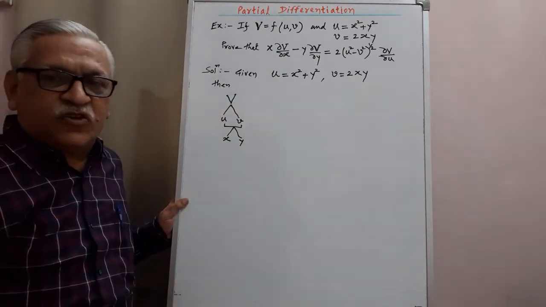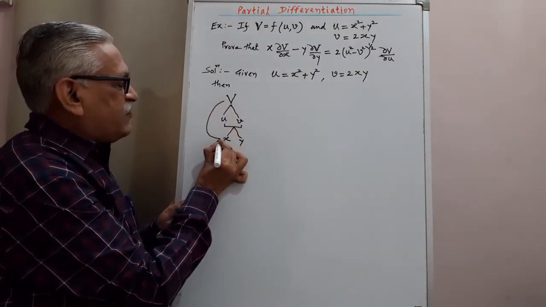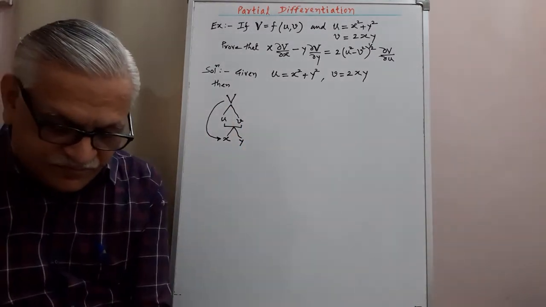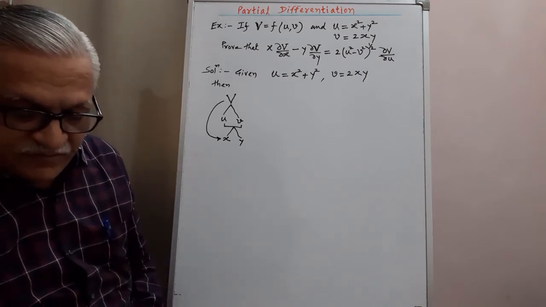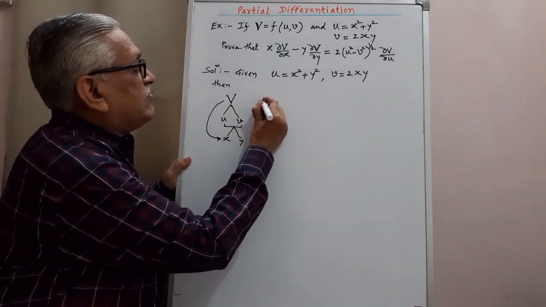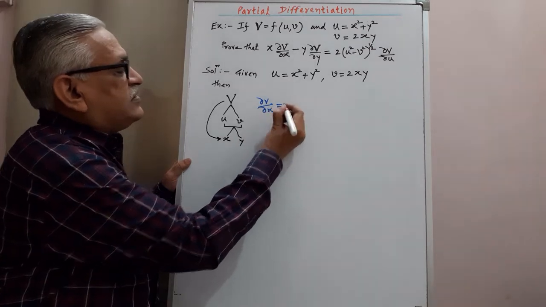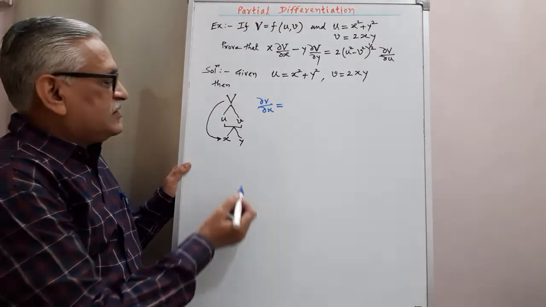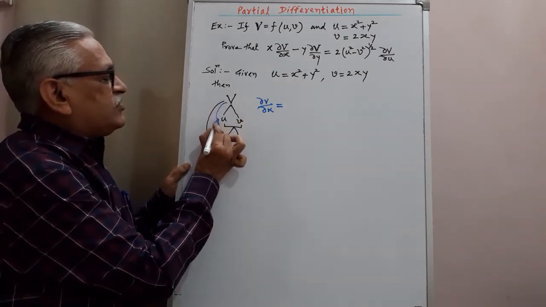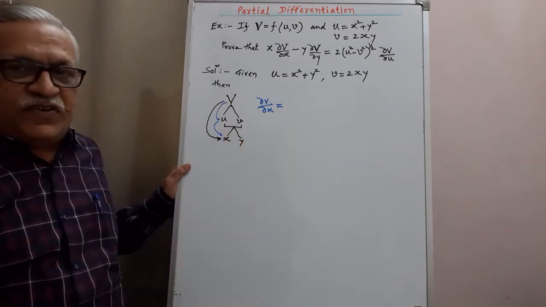Direct differentiation is not possible here, and therefore, to obtain the derivative of V with respect to x, with the help of this tree diagram, we can write dou V by dou x. How to differentiate it? We have to differentiate V first with respect to u and then u with respect to x, as it is a function of function.